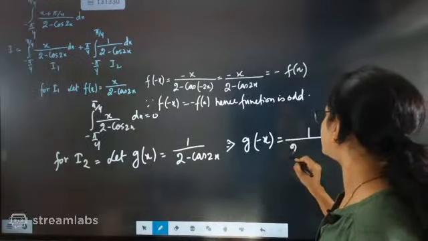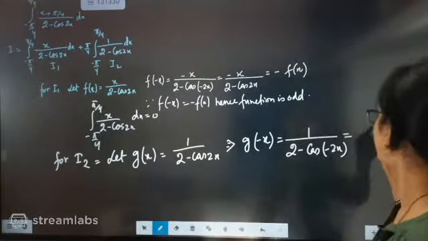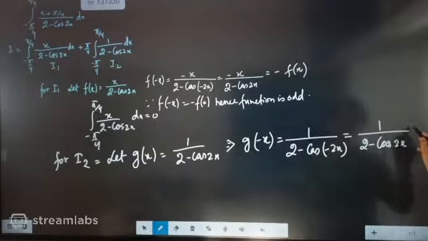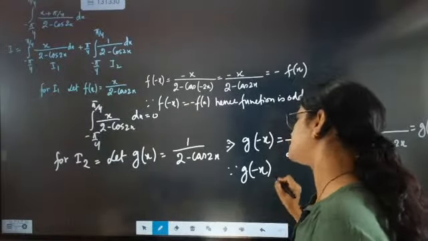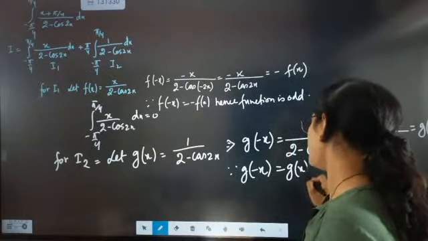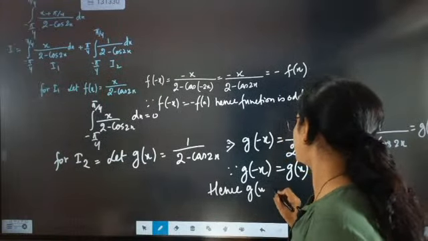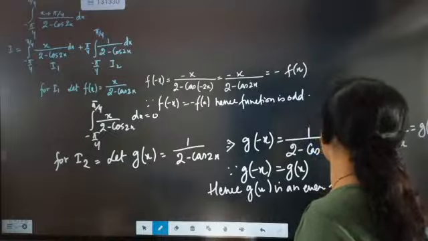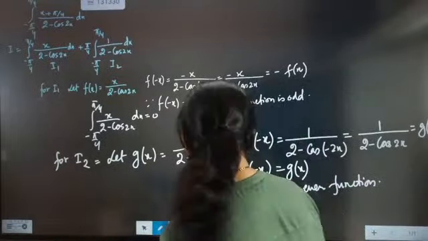So g of minus x is 1 by 2 minus cos of minus 2x, which is 1 by 2 minus cos 2x, equal to g of x. So since g of minus x equals g of x, hence g of x is an even function.